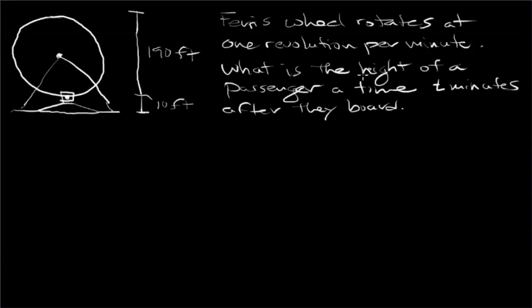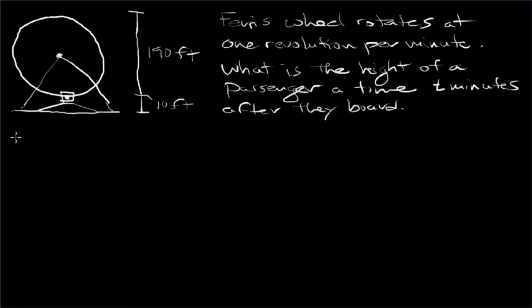So we want to find out the height of the passenger at any time. And that means we're going to have to write an equation. And that means we need to understand that this is going up and down and up and down relative to the ground. This seat will be climbing, it'll reach its highest point, and it'll go back down.